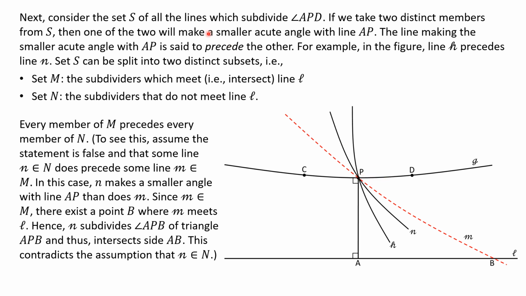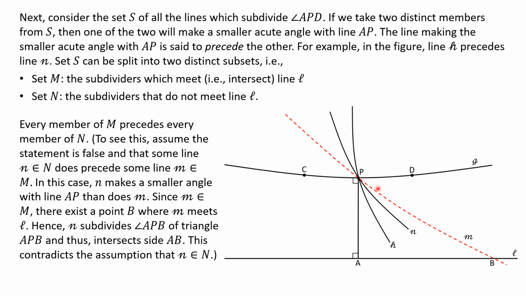Let's now define the set S of all lines which subdivide A, P, D. So we're just working on the right side of the figure. We can make a completely analogous argument on the left side, but we won't need to do that. We'll just focus on the right side of the figure.